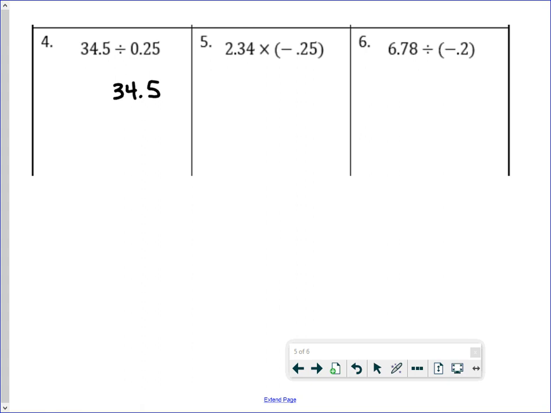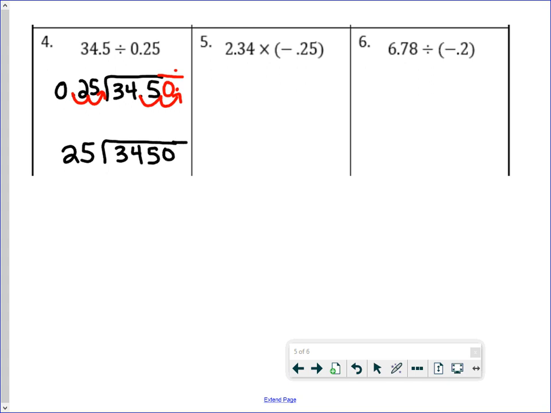Now we need to move the decimal point. 1, 2. And our decimal point will go there. I'm going to rewrite it so it's easier for you guys to see. So instead of 25 hundredths, we now have 25. Instead of 34 and 5/10, we now have 3,450.